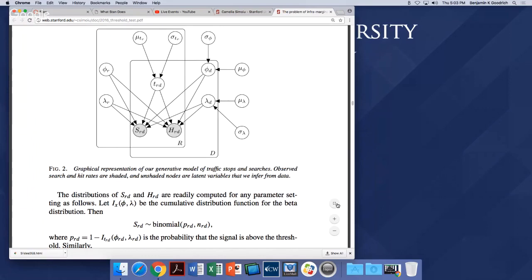Or the other way around, where the thresholds are the same, but you see some races having a higher hit rate than others, even though the thresholds were the same. And that's why you have to put some thought into a generative model for what's going on here, rather than just saying we can never know what's going on, all we can do is make predictions as fast as we can.